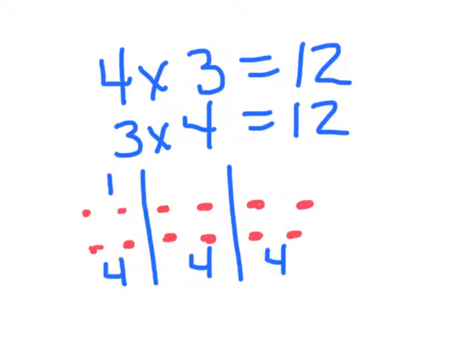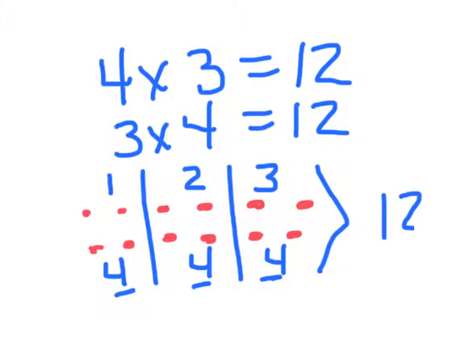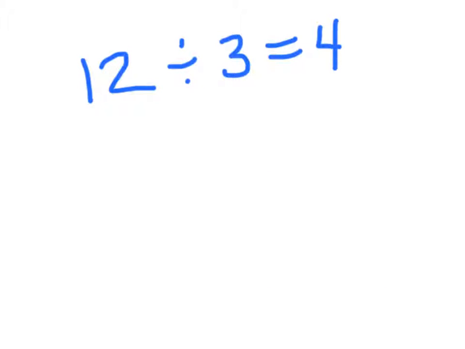Set 1, set 2, and set 3. 4 in each group equals 12. Still the same. Therefore, we know that 12 divided by 3 equals 4.